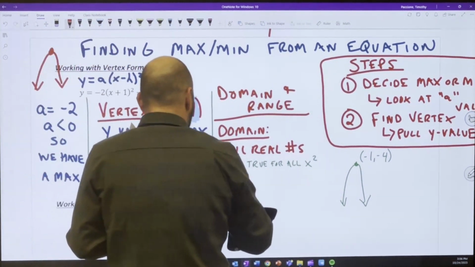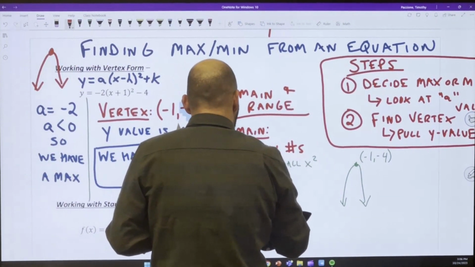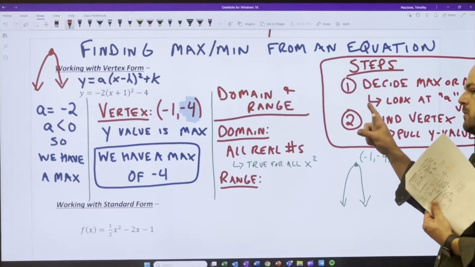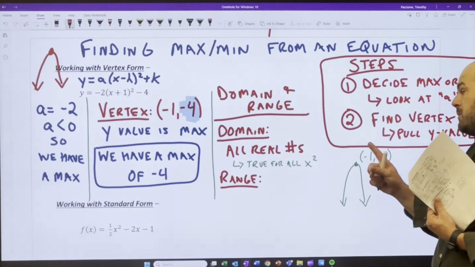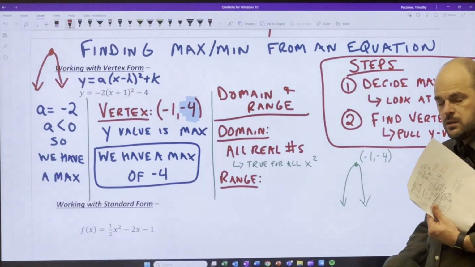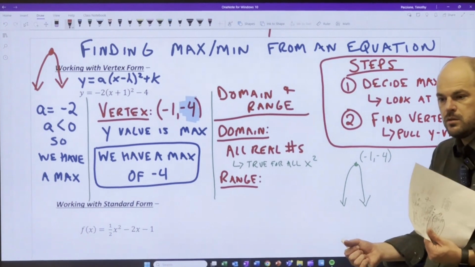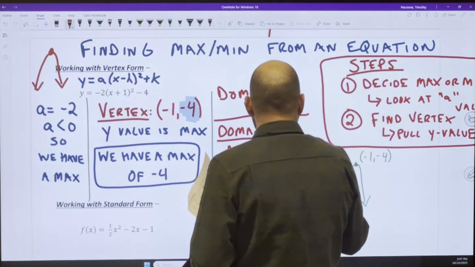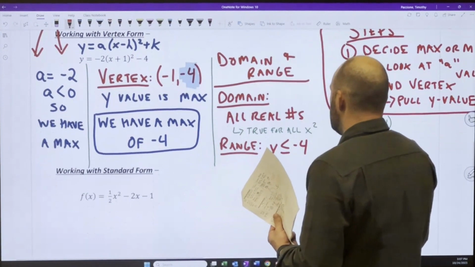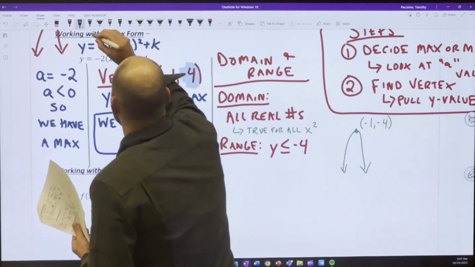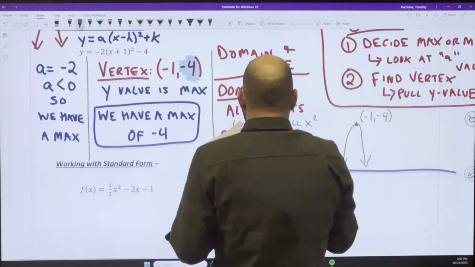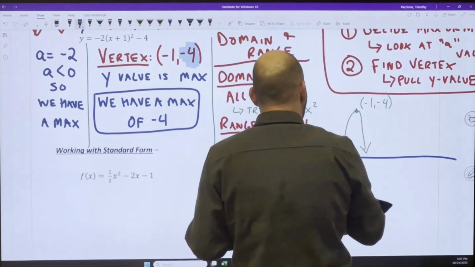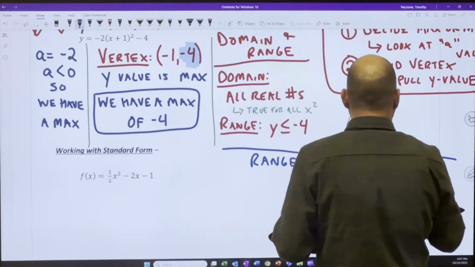And then our range, well, let's think about it. This thing goes down forever, it goes up to -4, and then it goes down forever. So it's either going to be -4 or less than -4. So how do we write that? Y is less than or equal to -4. I'm going to give you a little cheat sheet rule here for range with max and min.